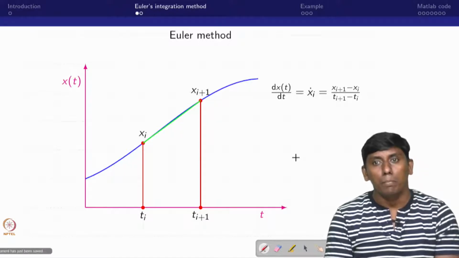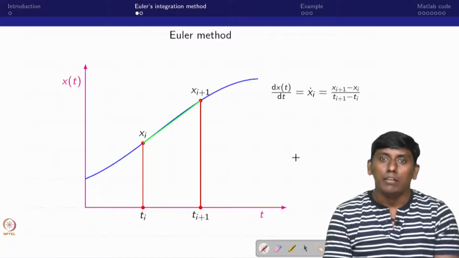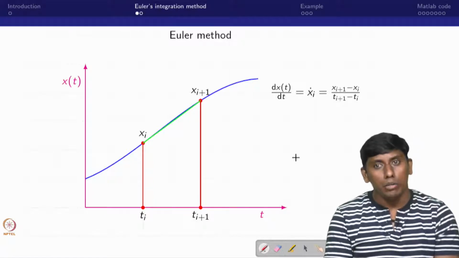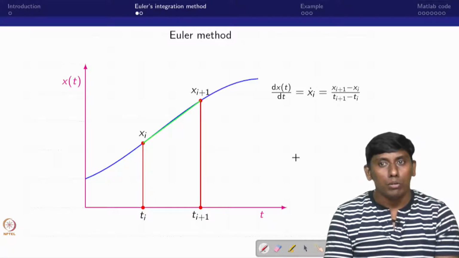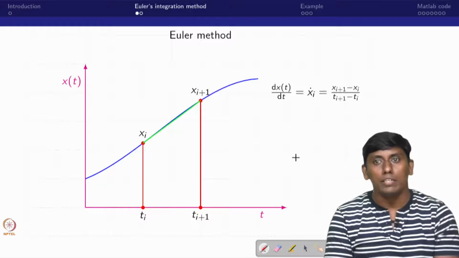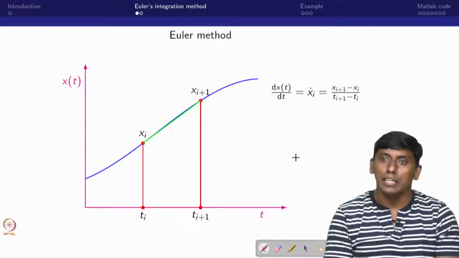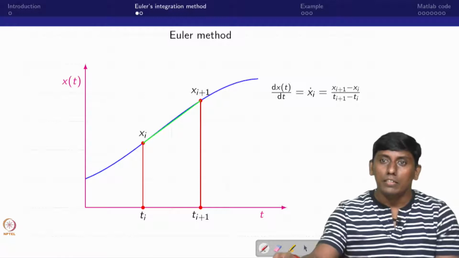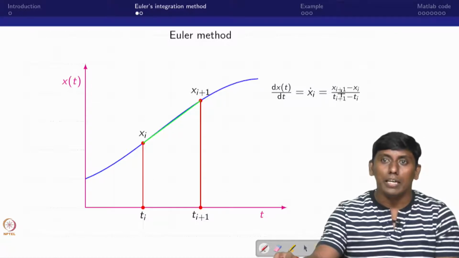Based on the slope, if I know x of i, and x dot of i, and the time step I am going to consider, then I can find x i plus 1. So this equation I have written, I can rewrite.